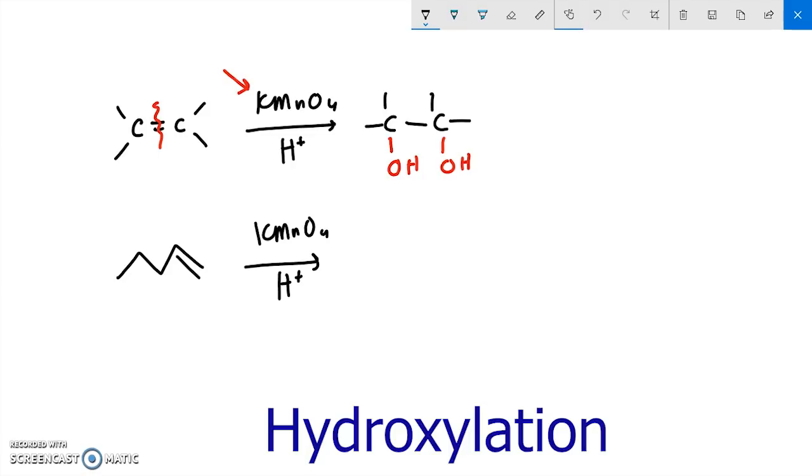The reaction will occur at the first carbon and the second carbon, since that is the location of the functional group. Again, the same thing happens. The pi bond will be broken to a single bond, and both carbon 1 and carbon 2 will attach to the hydroxyl group. For the Baeyer test, you will notice the change of color from purple to dark brown precipitate indicates the formation of the manganese oxide ion.